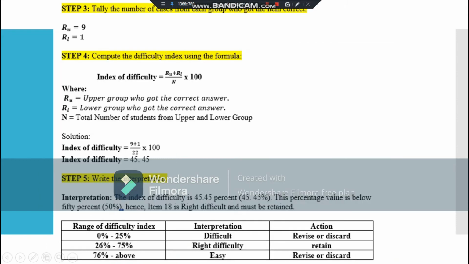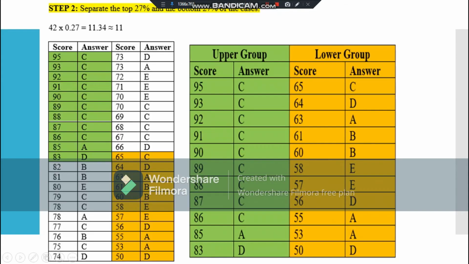Step 3 is to tally the number of cases of each group who got the item correctly. Since the correct answer is letter C, we count how many students got the correct answer in the upper group: 1, 2, 3, 4, 5, 6, 7, 8, 9.